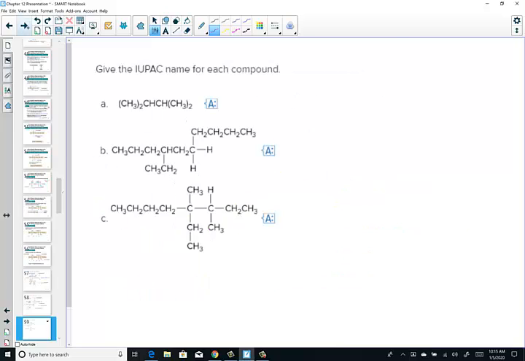Are you on a roll? You've got more. Because repetition is our friend while we're learning. There's just no way of getting around it. Letter A, I recommend drawing out so you can see the branching. Focus on this carbon first, after the parentheses. That carbon is telling me it has 2 other carbons, CH3s, that are attached to it.